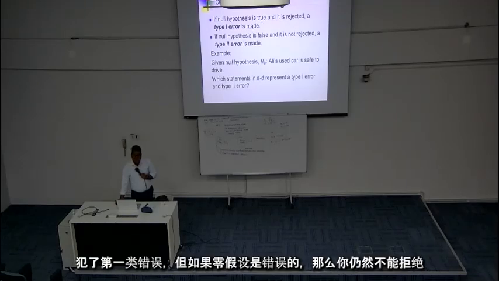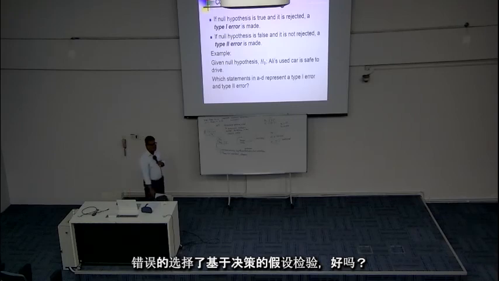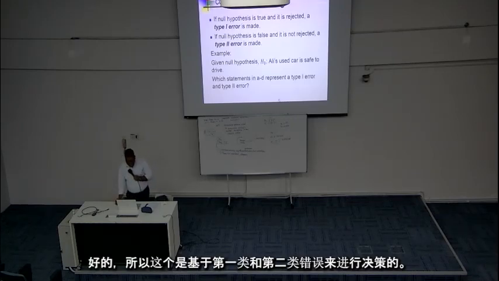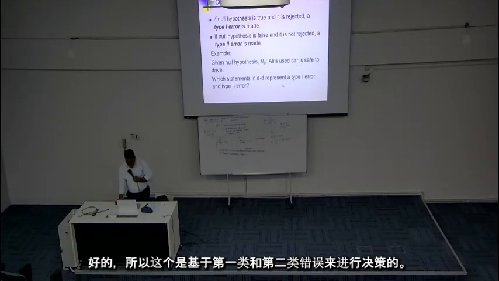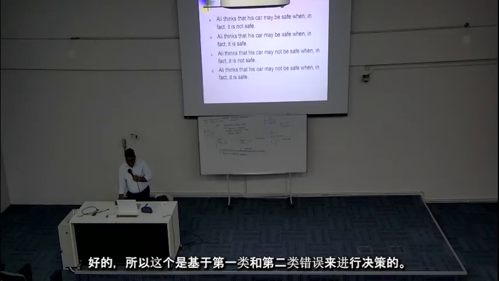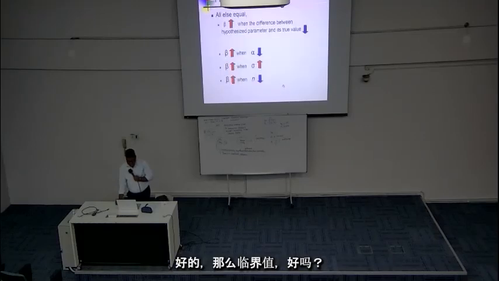But if the null hypothesis is false and you still do not reject it, this is a type 2 error. This is the wrong selection in hypothesis testing based on decision making, based on type 1 and type 2 errors. This one only.